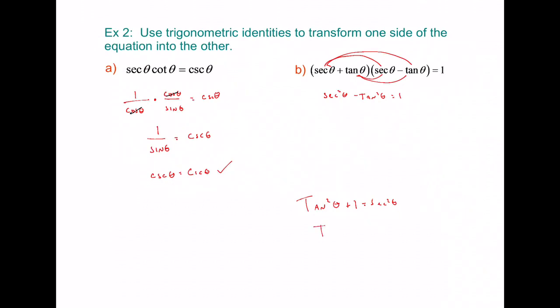Well, if we subtract tangent squared to the other side, that'll leave us with 1 equals secant squared of theta minus tangent squared of theta. So now you can see how these two are equivalent, and so we know they equal 1. So we have secant squared theta minus tangent squared theta is equal to 1, so 1 is equivalent to 1, so that is a true statement.